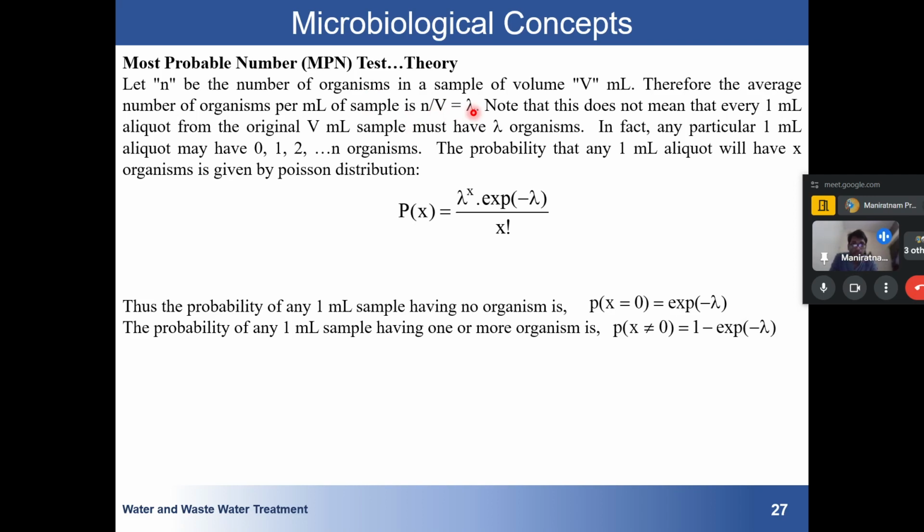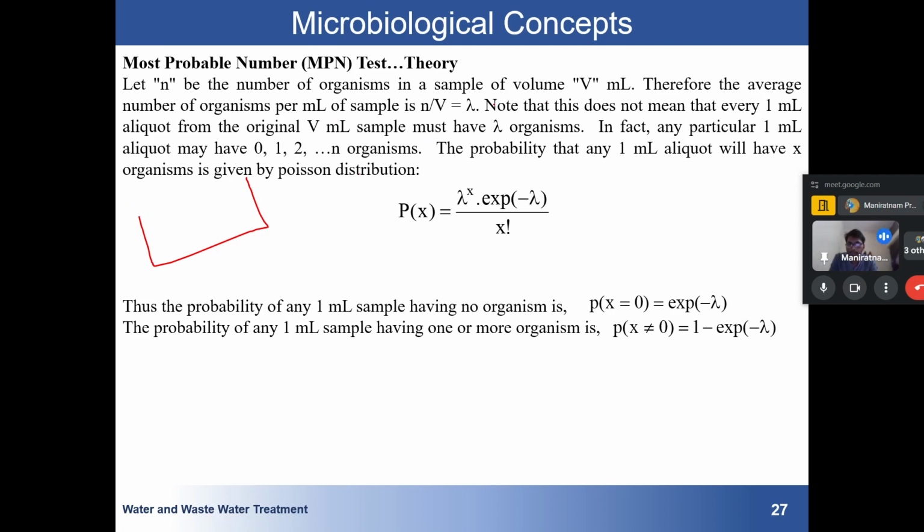But you should also remember the converse: 1 ml of liquid from the original V ml may not contain n organisms. So now suppose you have a total volume V, and the total number of organisms is n.